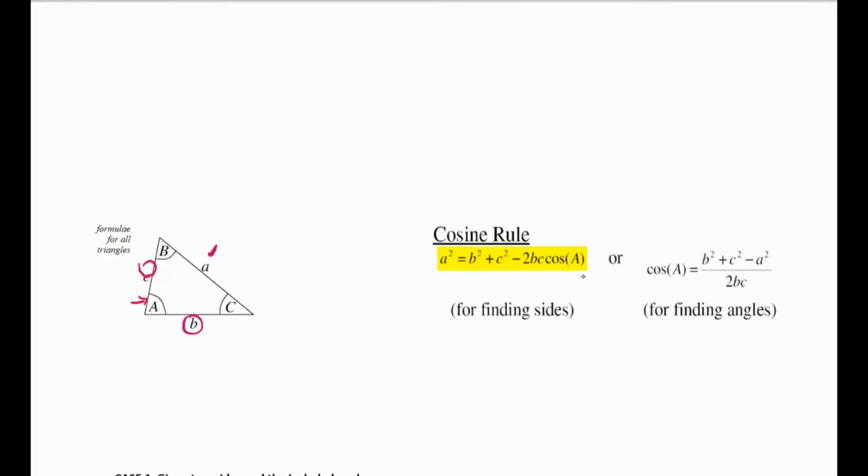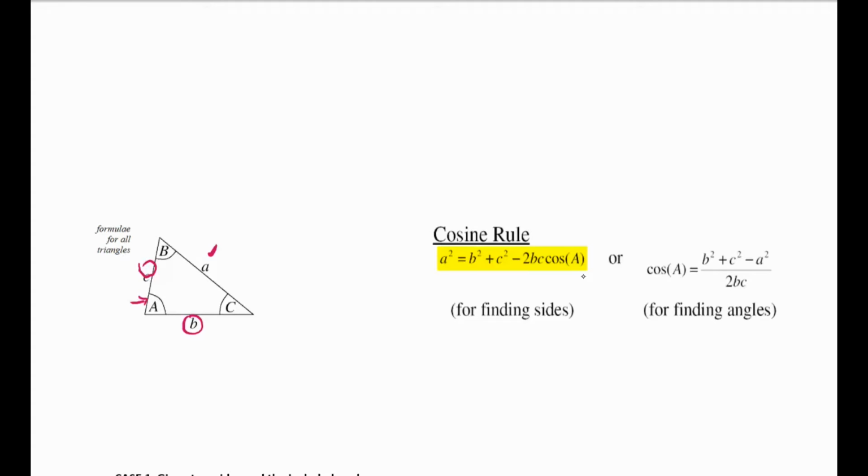So that's the format of the rule. The side that we want to find squared, a squared, is equal to b squared plus c squared minus 2 times the product of the lengths of the two sides and multiplied by the cosine of the included angle. And that is when we want to find the side.